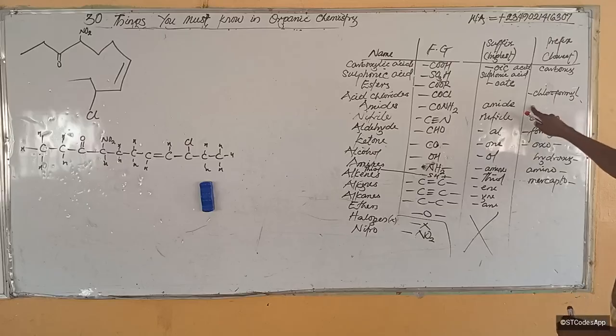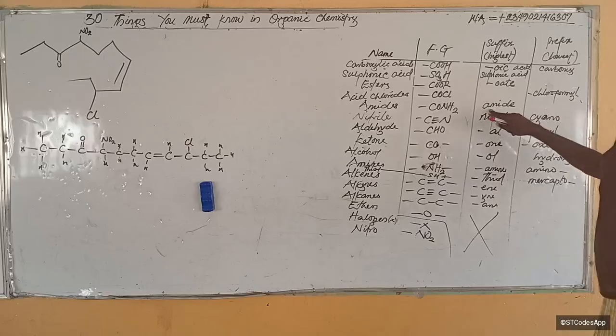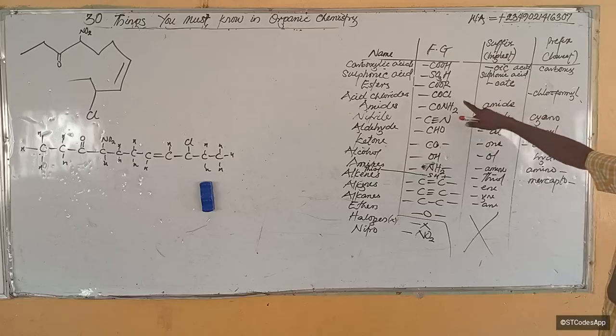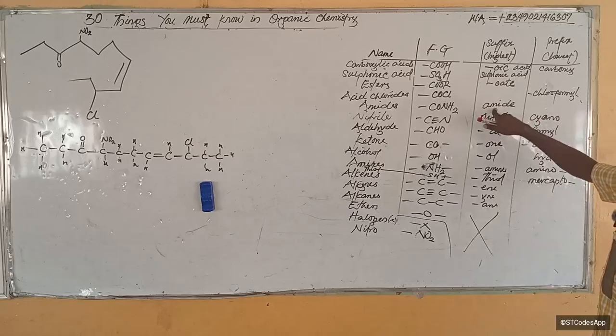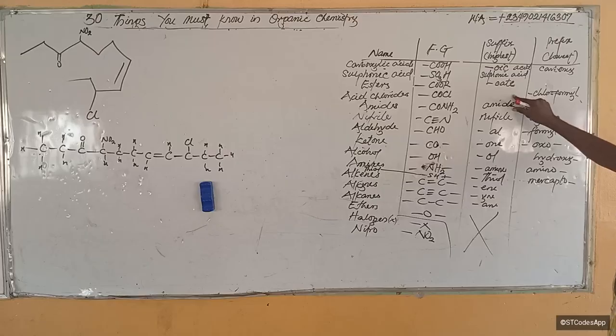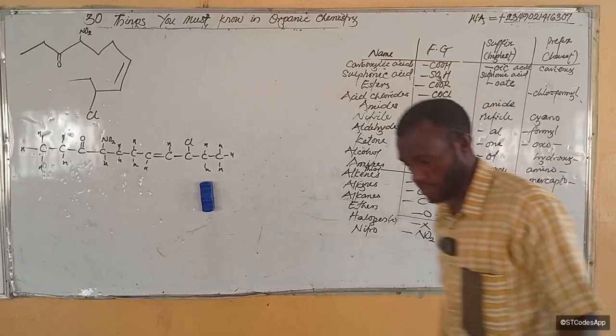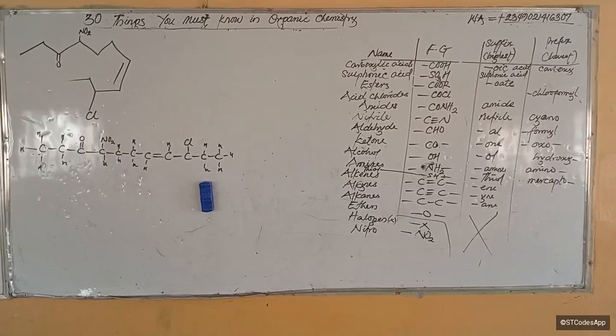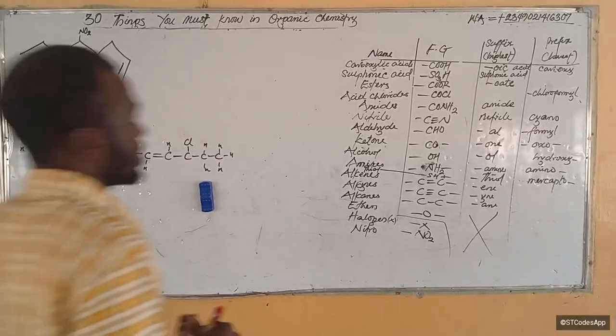How did I forget this? The imide group will be, I cannot begin to search now. The prefix of imide will be, let me quickly look for it. Alright, please forgive me, I've found it.